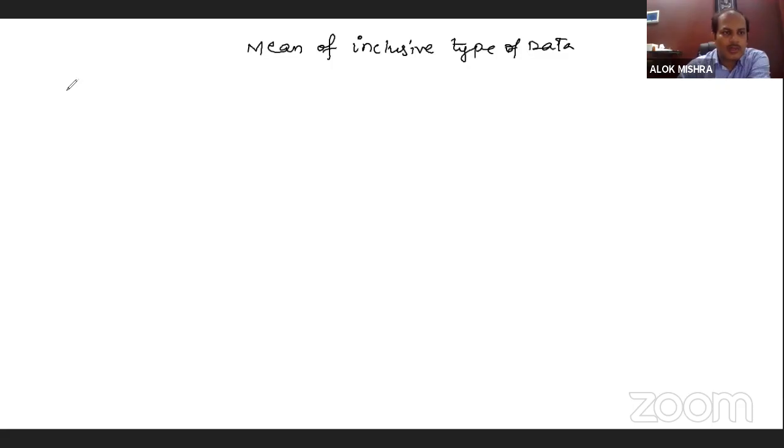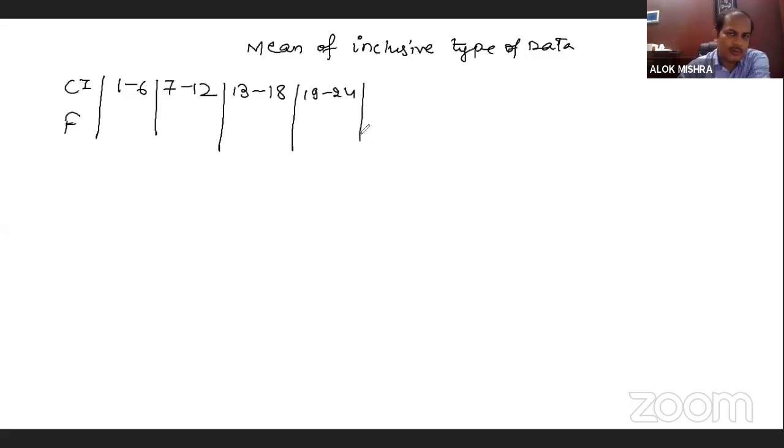So what is the type of data that we are going to have basically? Say I have a class interval and frequency. The basic structure remains same. I write 1 to 6, 7 to 12, 13 to 18, 19 to 24, then it's 25 to 30, 31 to 36, and so on.